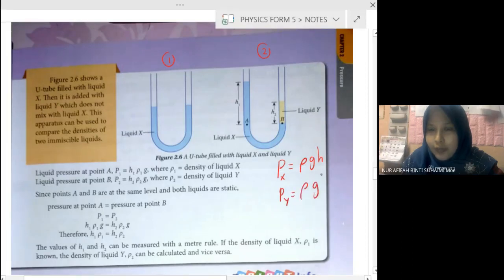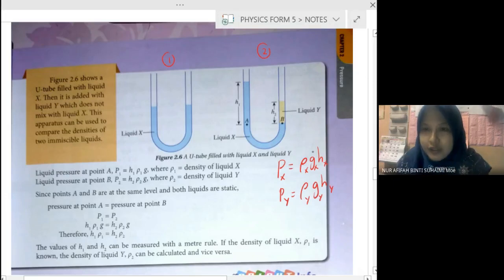Semua letak simbol, senang. X, this one Y. So letak simbol. Okay. So since the gravitational acceleration is the same, we cancel out the gravity. And then what is left is rho and h. Rho X, hX, and rho Y, hY.